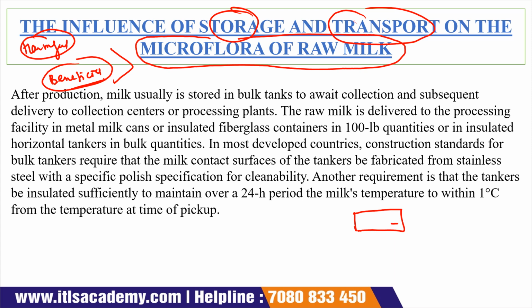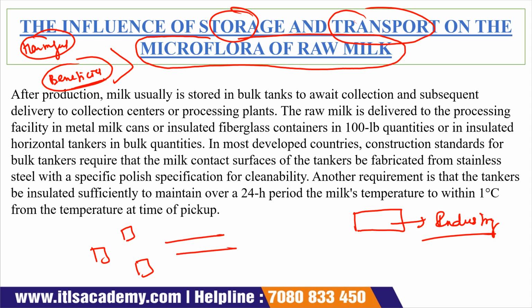Before reaching this main industry, there is a subunit where the milk is stored. So what is the storage criteria, how is it transported to the industry, and what is the transportation impact? All this we are going to discuss in today's lecture.